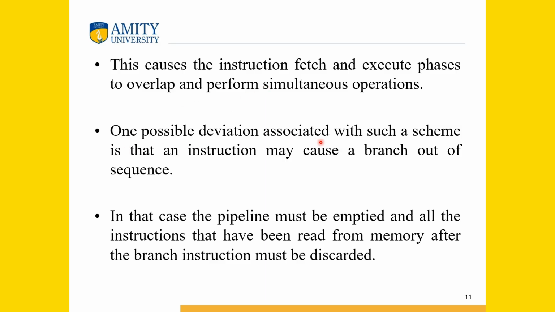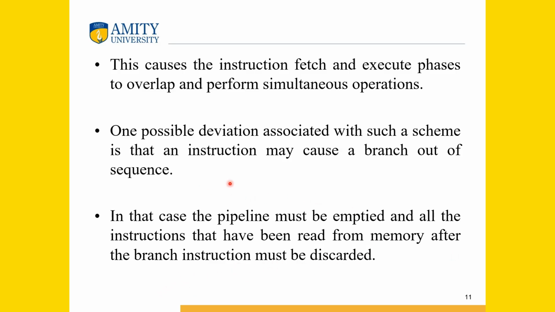One possible deviation associated with such a scheme is that an instruction may cause a branch out of sequence. What does this mean? This basically means that when an instruction is being executed, sometimes it depends on the next instruction. In case this happens, the pipeline must be emptied, and all the instructions that have been read from memory after the branch instruction must be discarded.